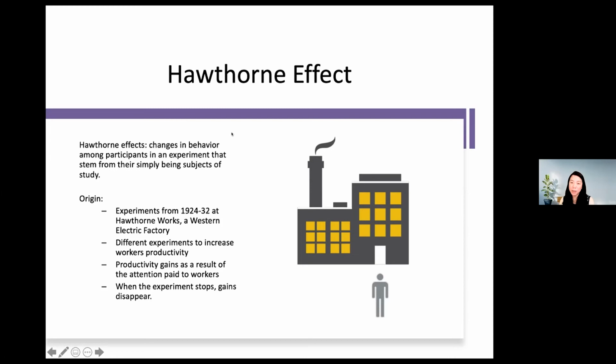So this could be an external threat to our experiment, because say students know that they're being tested in the experiment, so they may work harder or take the exam more seriously. When this kind of behavioral response happens, what we measure is not the true effect of the experiment.